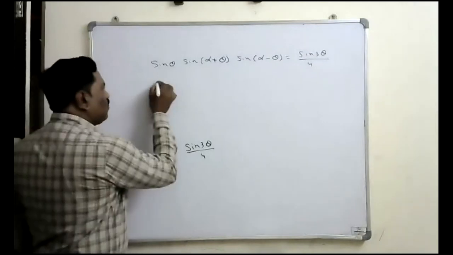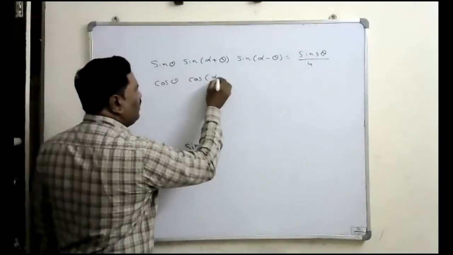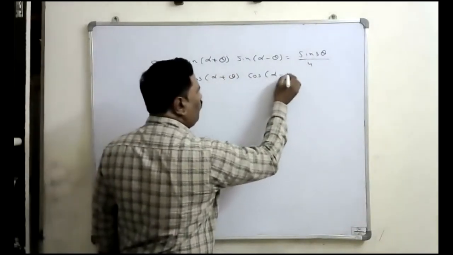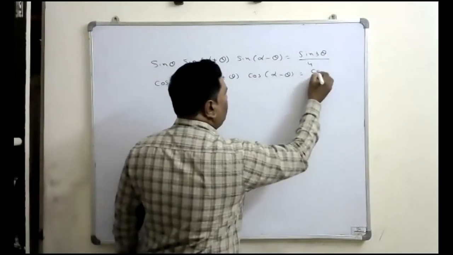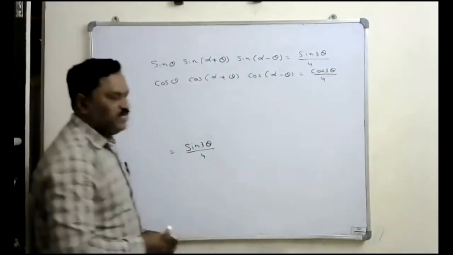Similarly, cos theta into cos alpha plus theta into cos alpha minus theta becomes cos 3 theta by 4.